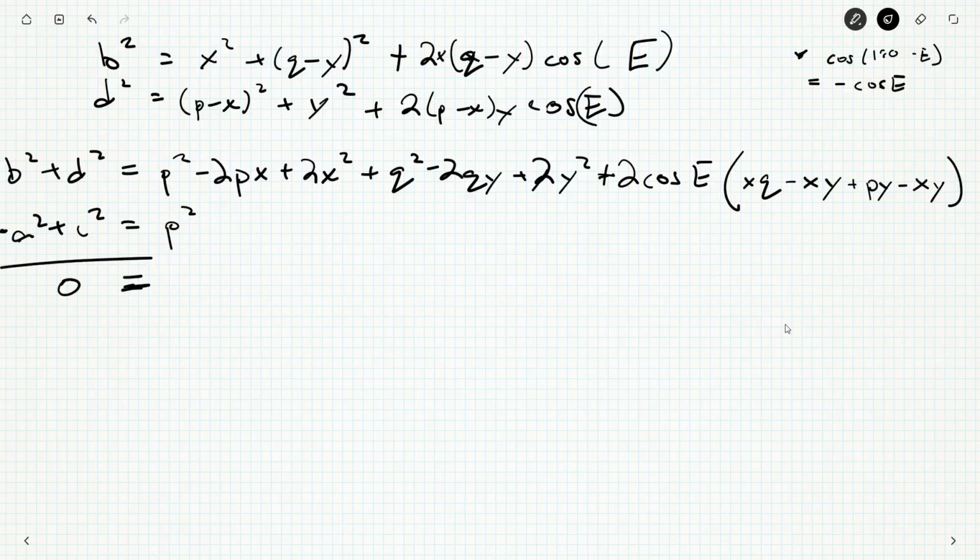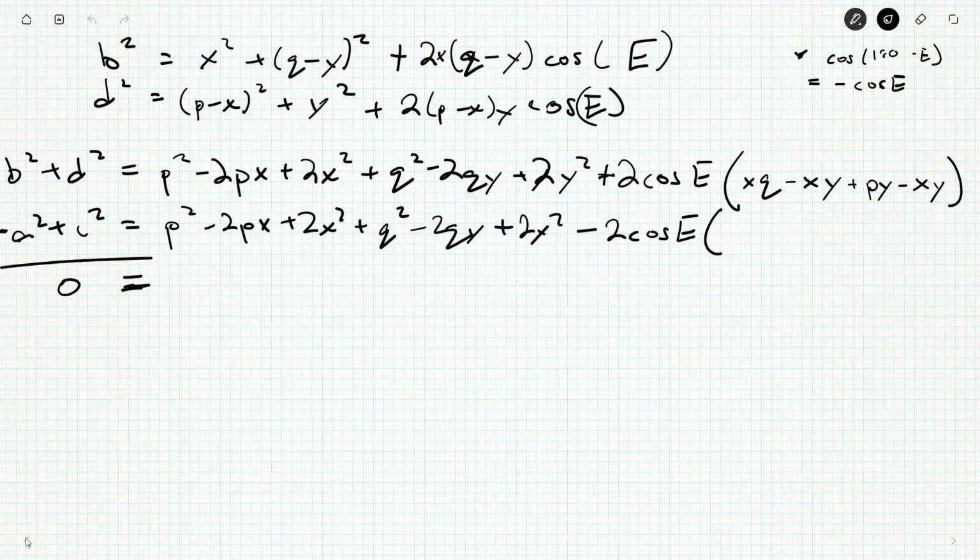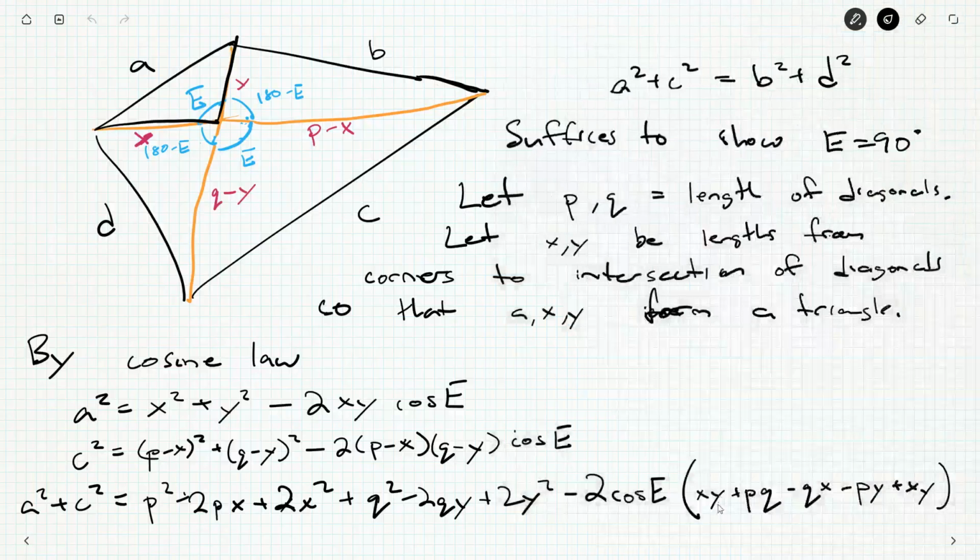But a squared plus c squared was p squared minus 2px plus 2x squared plus q squared minus 2qy plus 2y squared minus 2 cos e. And now I can't remember what it all was. 2 xy's, pq, qx, and py.